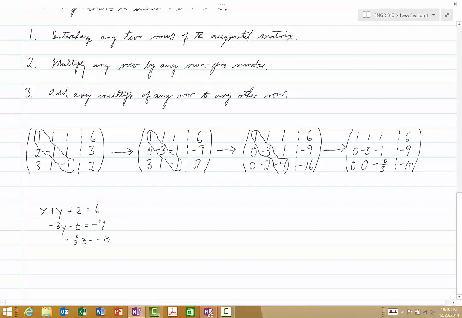And notice that the last equation is just one equation and one unknown, and it immediately implies that z is equal to 3. And this stage, what we're going through right now, is called back substitution. Now that we have obtained z, we go backwards and stick that into the second equation.